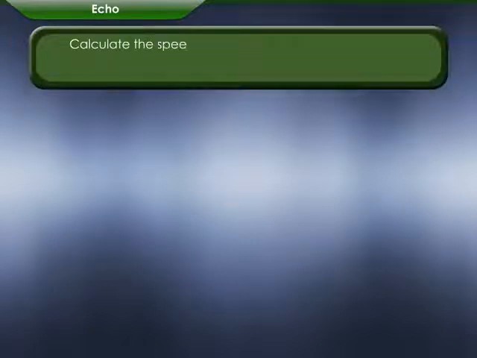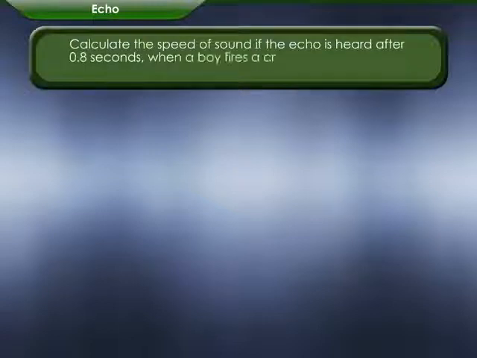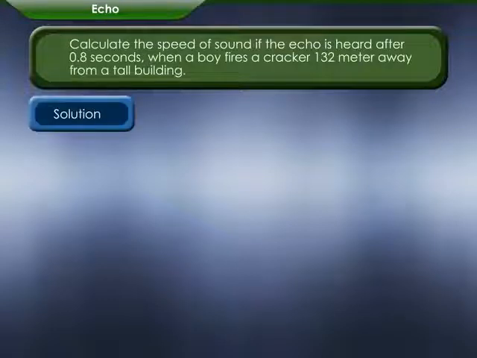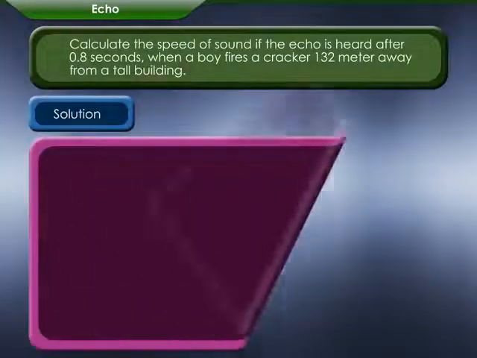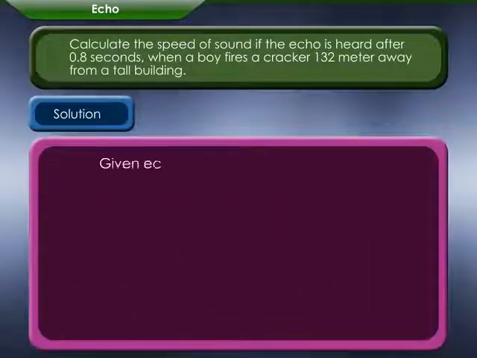Calculate the speed of sound if an echo is heard after 0.8 seconds, when a boy fires a cracker 132 meters away from a tall building. Given echo time is equal to 0.8 seconds.